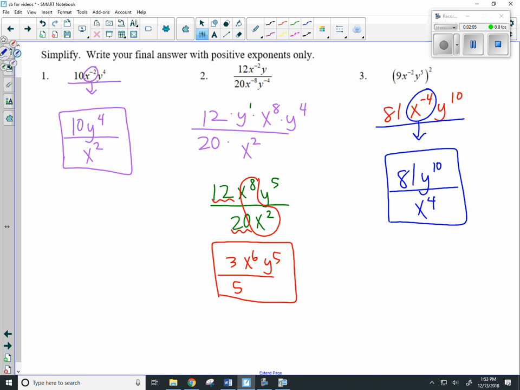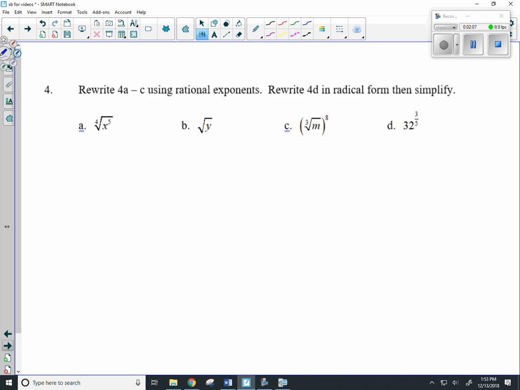And we'll look at number 4. So each of these, it says rewrite using rational exponents, and then for 4D we'll rewrite it in radical form. So remember, fraction exponents and radicals go hand in hand. So for this first one, whatever the power is here is going to be your numerator.